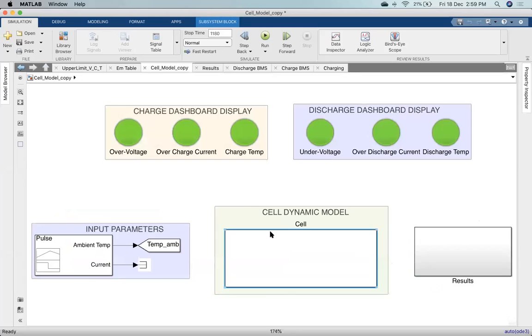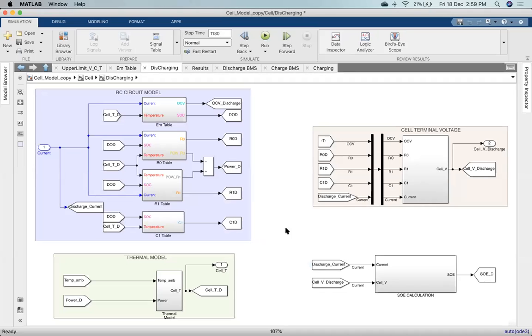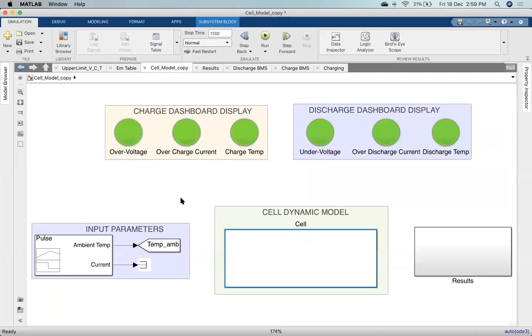So that's the basic logic. And inside the cell model, I'll show you like at the end of this webinar, because I'll discuss about lithium ion dynamic model. Okay, so at that point of time, it will give like a more understanding of this particular part. Okay, but this is basically lithium ion dynamic model.